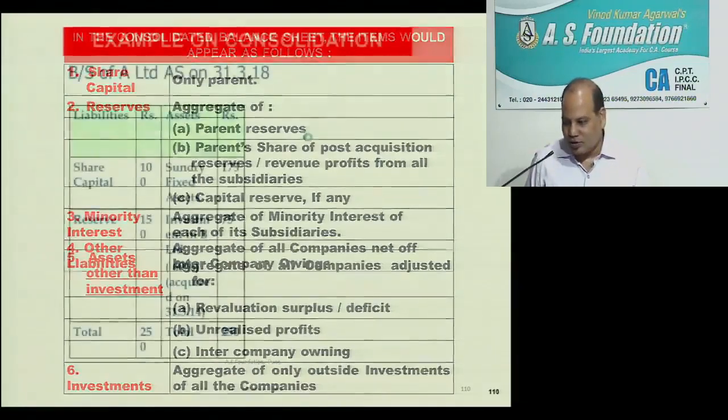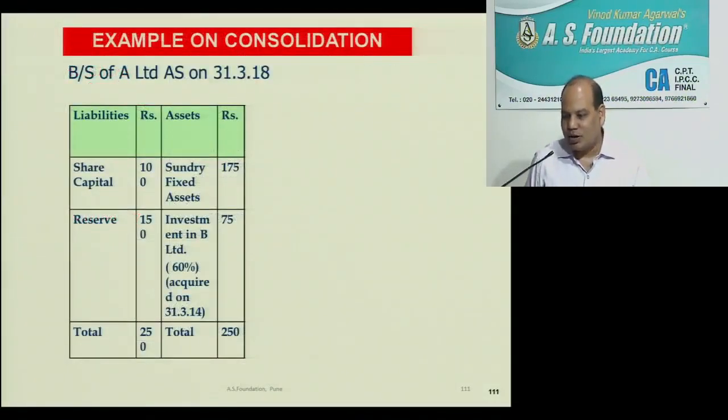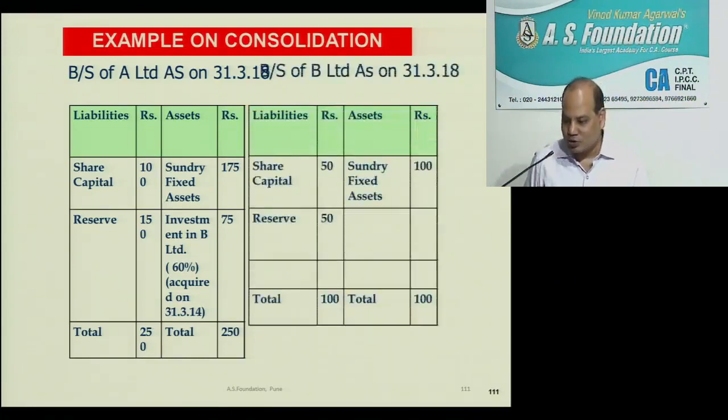Now you solve one 200 mark question. How many marks? 200. This is the balance sheet of A Limited as on 31/3/18. And then next, balance sheet of B Limited as on 31st March 18. To keep the story simple, we have given a very limited number of figures. Share capital 100, reserve 150, fixed asset 175.